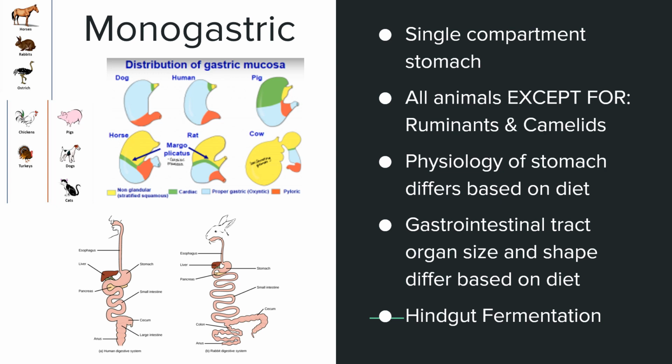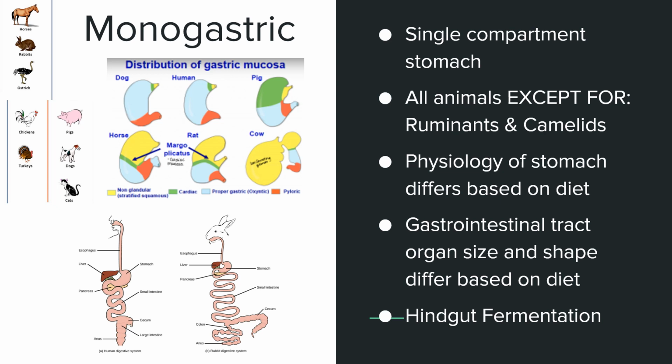Physiologically, in our monogastric animals, though, we've got herbivores, carnivores, omnivores, and obligate carnivores. You've heard me talk about that with cats before. So what changes then is the structure of your stomach. The cells that make up the lining in the stomach are going to change. What the stomach secretes is going to change a little bit.